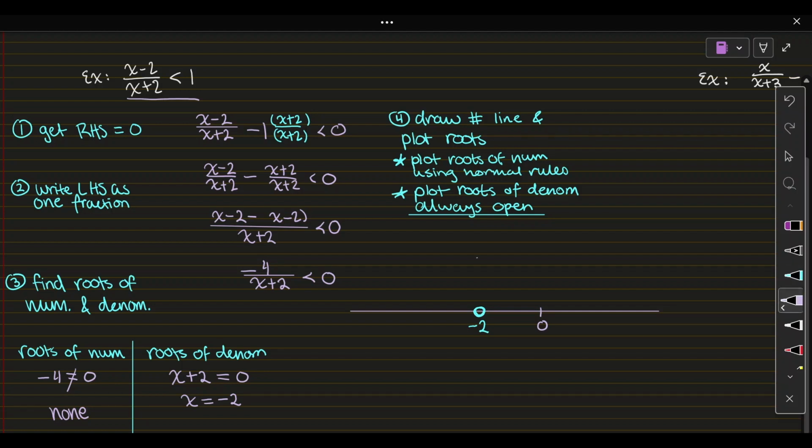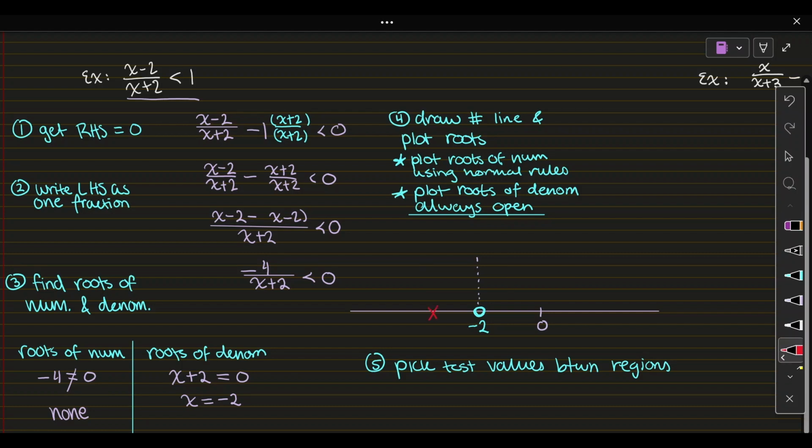And then I like to draw a little dotted line here to let myself know what regions I'm picking from. Step 5 is to pick test values in each region. Here I have 2 regions, this one and this one.